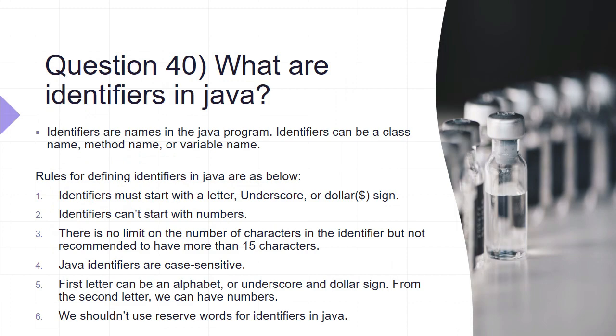Identifiers can't start with numbers. There is no limit on the number of characters in the identifier, but it is not recommended to have more than 15 characters. Java identifiers are case sensitive. First letter can be an alphabet, underscore, or dollar sign. From the second letter, we can have numbers. We shouldn't use reserved words for identifiers in Java.